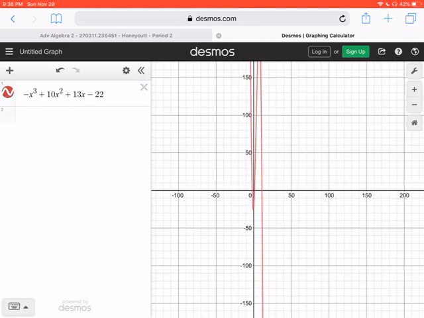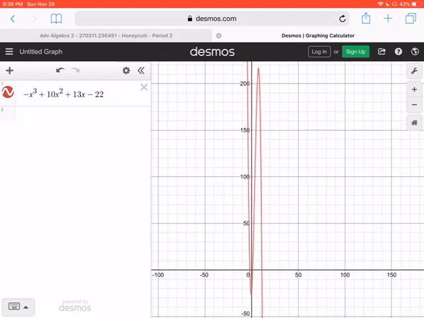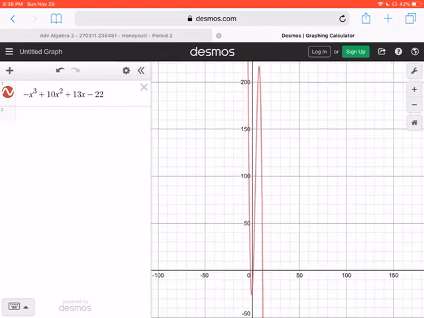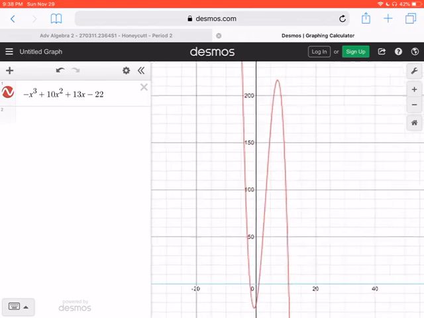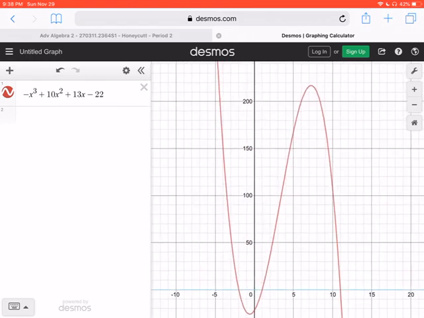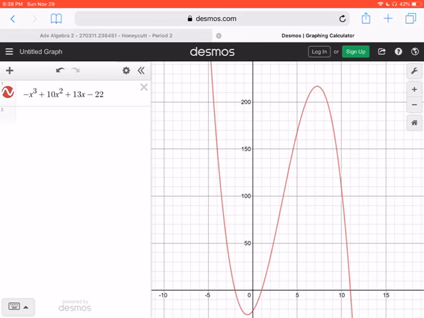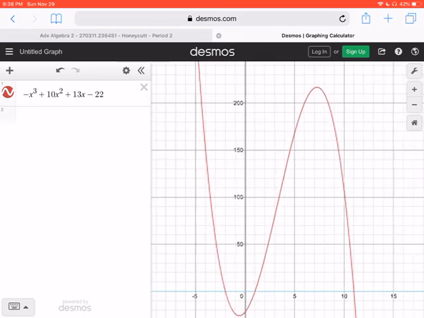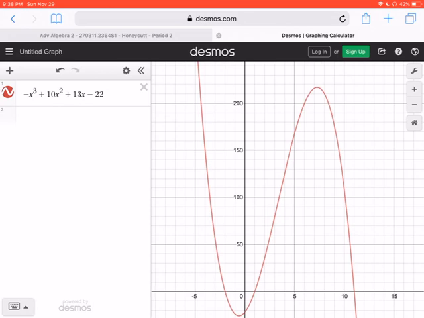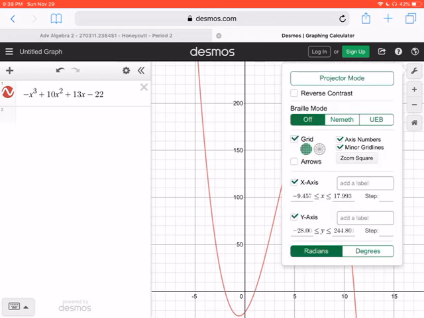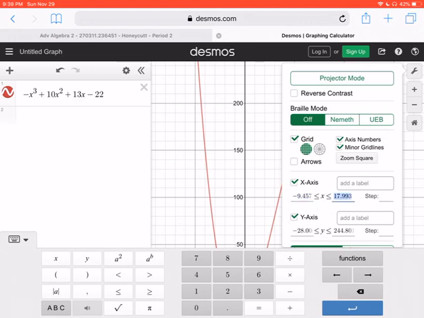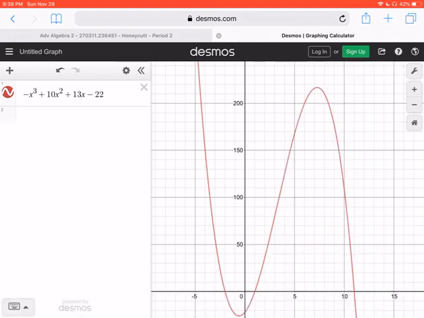Ooh, looks like this is quite a lot. Okay, so I want to know when it's going to be positive. Now I see this graph is really skinny, and I can pull this way and zoom it in, or squeeze with two fingers and pull out. But if your computer doesn't do that, you can click on that wrench and change the x-axis values so that you see a different scale on the x-axis.